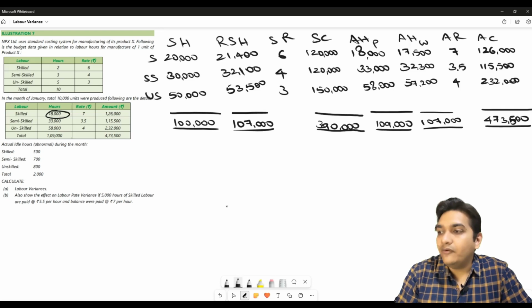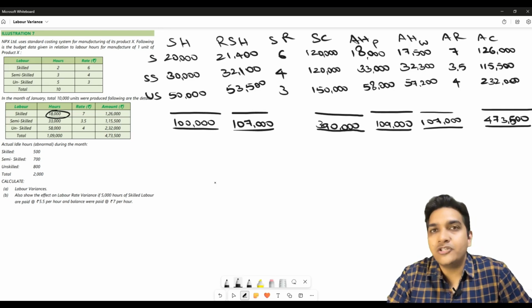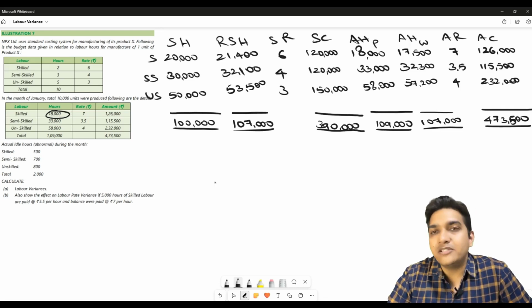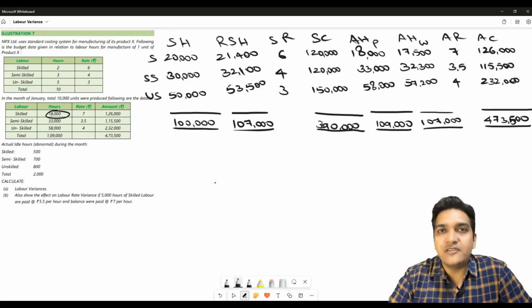Now we have captured all the information which is required to compute the labor variances. Now let us begin to compute the labor variances. Since the problem does not state any specific order in which to calculate the labor variances, we can calculate whichever we want.